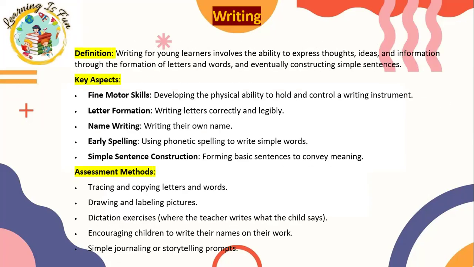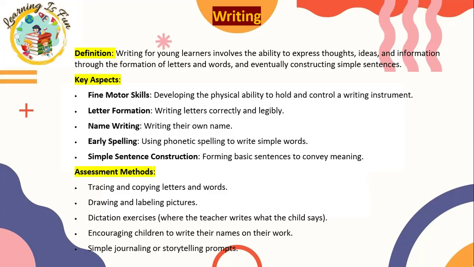Then in writing, you are going to check fine motor skills, how well they can write, how well they hold the pencil, how well their writing is, and whether they are following your writing pattern or not. Letter formation also comes in that. Name writing, definitely for preschool also, can they write their name, and can they write their name in the right way.